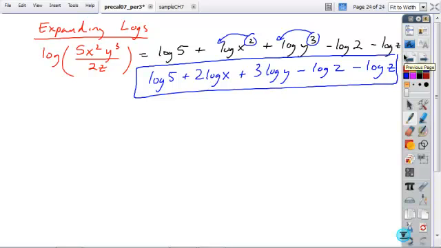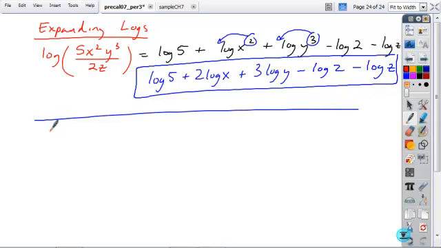And this would be how you would express this answer. Does everybody see what those rules show as far as expanding and moving into one individual log term for every factor inside your log?